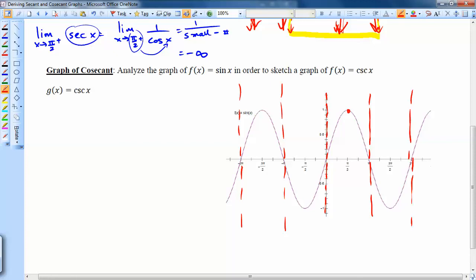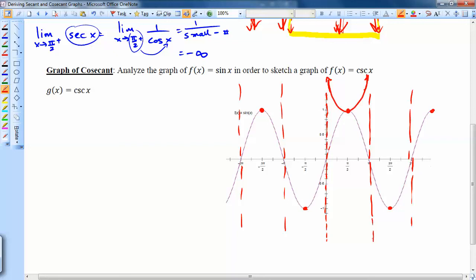Anywhere that the original graph equaled 1, I know that my reciprocal is also going to equal 1. Anywhere that it was negative 1, the reciprocal is going to be negative 1, because it's 1 over negative 1. When the original sine value is a really tiny positive number, the reciprocal is going to be a really big positive number, so it's going to do this.